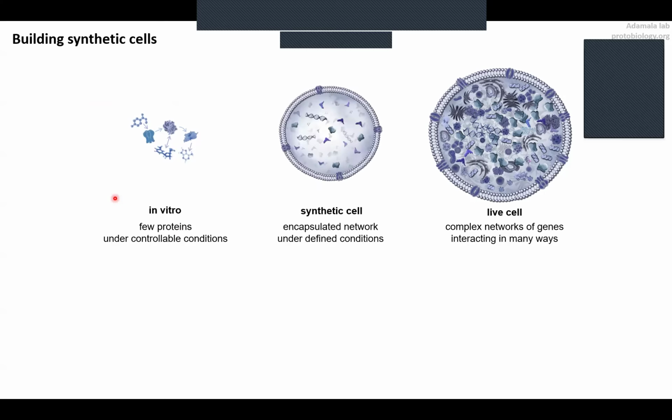You don't know how all the pathways are arranged. So what my field is doing is we're kind of trying to find a happy middle. We're building those synthetic minimal cells. They're not really synthetic and they're not that minimal and they're barely cells, but we're calling them synthetic cells because they're cell-like objects that are made from controllable molecules. So we know exactly what we put in there, and because of that, we can control them.